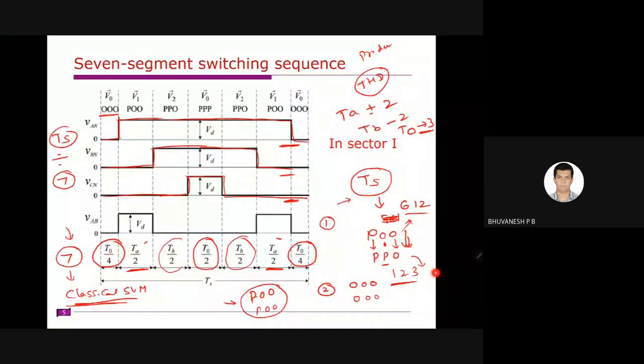So first we turn on this one, and implement 0, 0, 0. After that, this is corresponding to TA by 2, which is the V1 vector, and its switching state is P, 0, 0. This is corresponding to V2, and its switching state is PP0, and this is PPP, and so on, right?